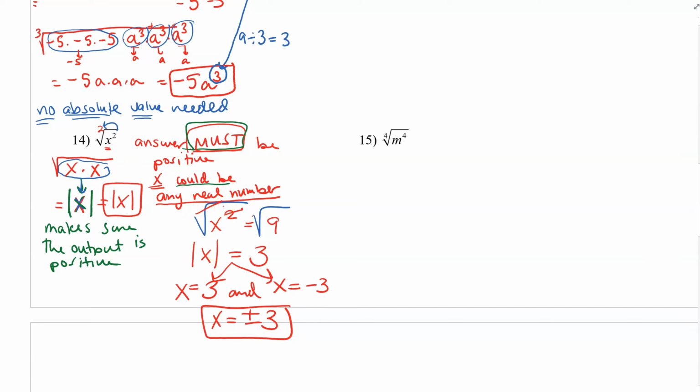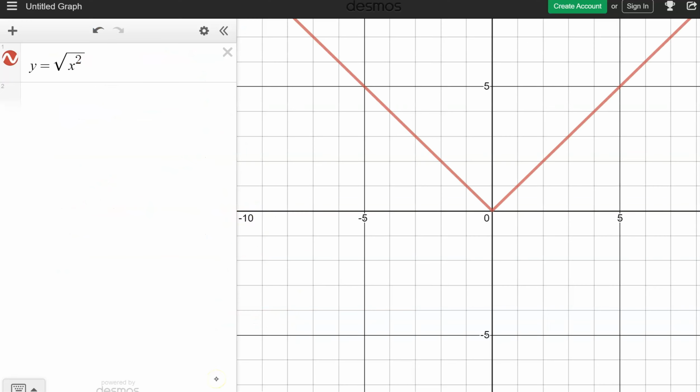Let me show you, if you don't believe me, let me just show you really quick on Desmos. So here on Desmos, you can see I've got this equation, y equals the square root of x squared. But if you look over here at the graph, it is not showing just the line y equals x, right?